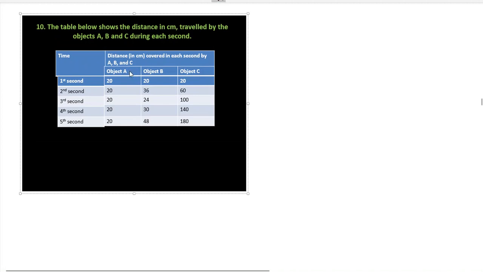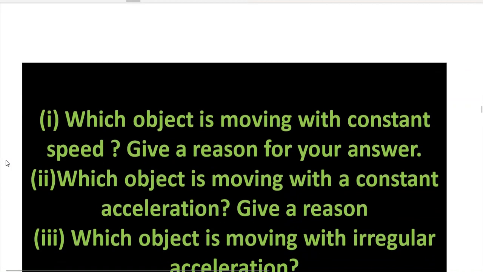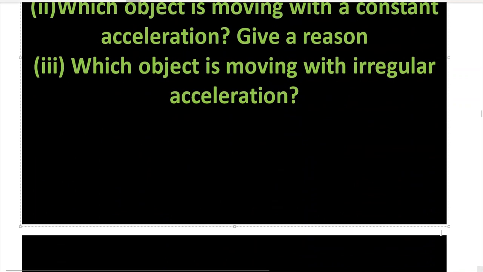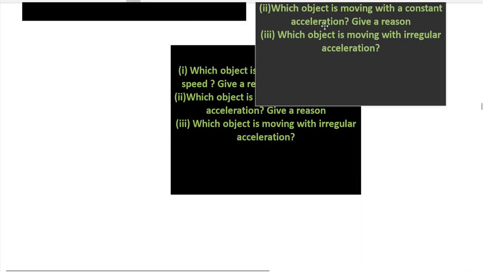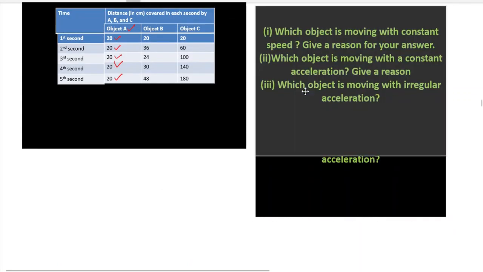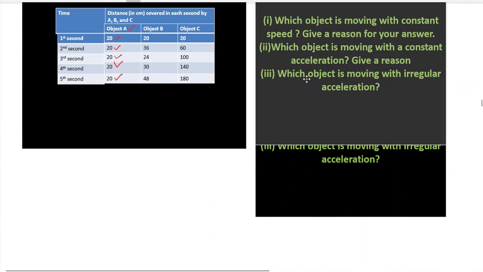Object A is moving with constant speed because every second object A is covering 20 centimeter. Every second. Let me take this up. Perfect.